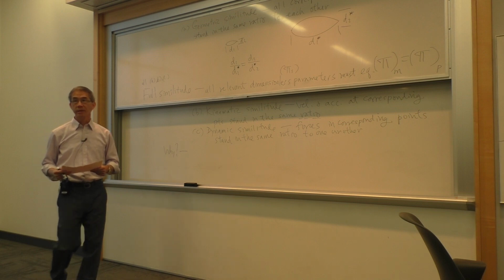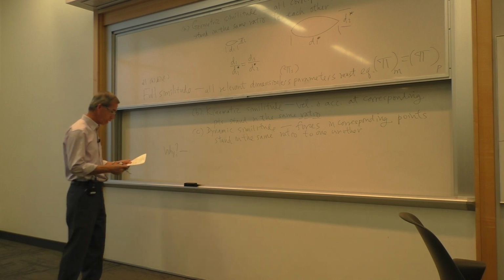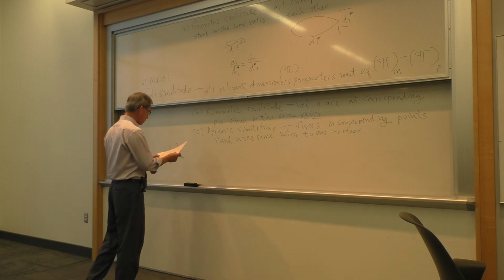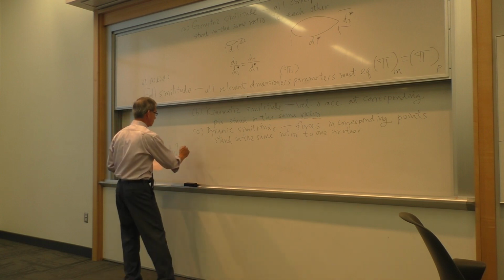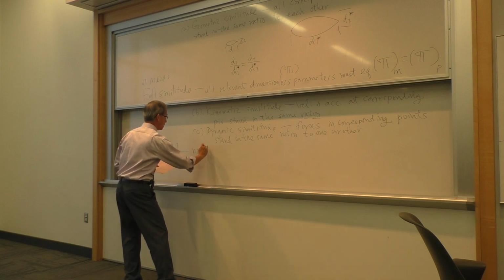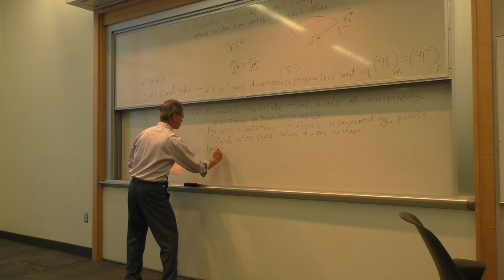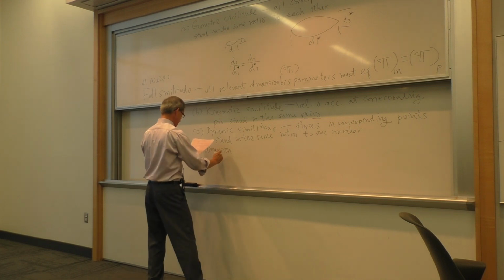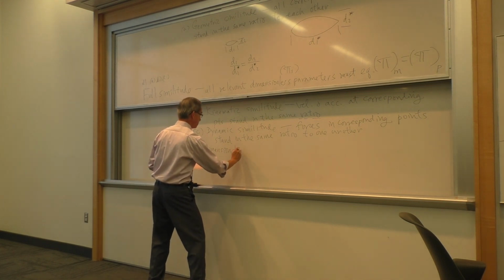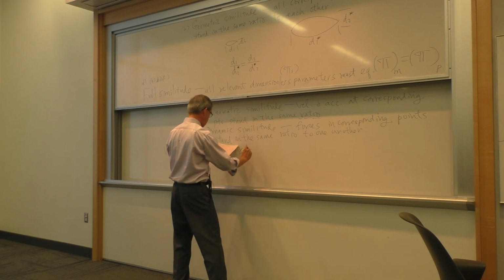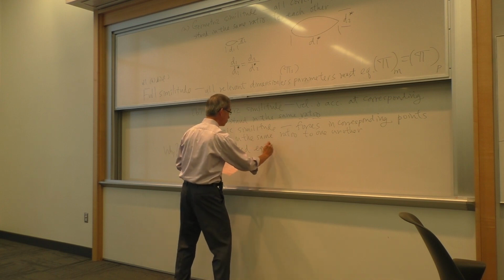It's in your reading assignment. I won't go through that in detail, but the consequence of this is actually based on taking the equation of motion. At this stage you have only seen one. Which one is that?